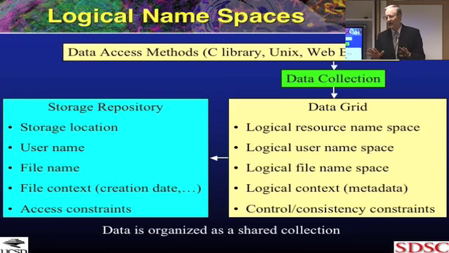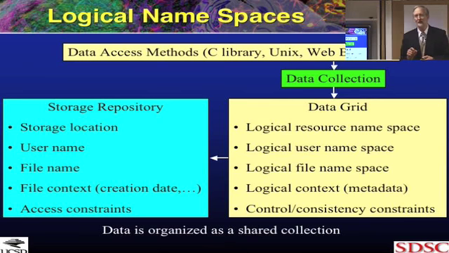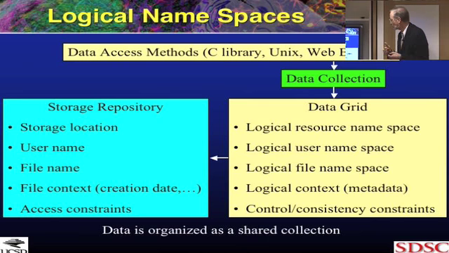So how do you track authenticity of a record where its name changes, depending upon when you were working with it? We wanted a set of naming conventions that were invariant. These naming conventions for the users, the file names, the context, and the provenance metadata we're managing for the file do not change as we move the file from one storage environment to the next. They're under the control of the archivist, they're invariant, and they can be global across all the storage systems that participate in this data grid.